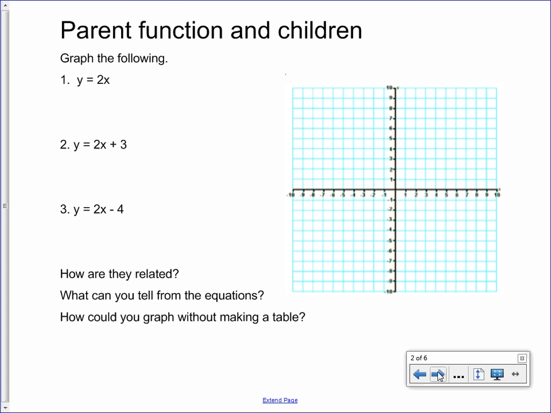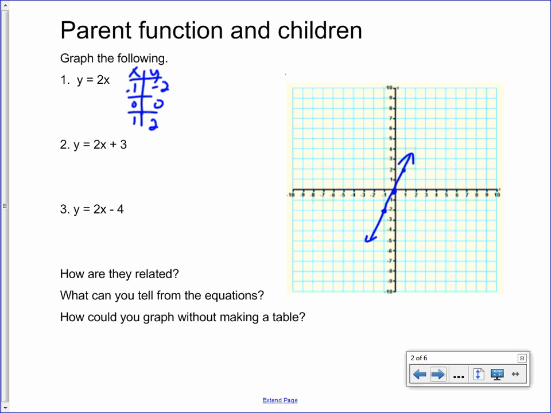Okay, so today, to start this off, we're going to look at parent functions and children. So we're going to graph the following. We're going to make a t-chart just very quickly, 3 points, -1, 0, and a 1. If I plug that in, I'd have a -2, I'd have a 0, and I'd have a 2. So if I plug those over here on my graph, I'd have this line right here.